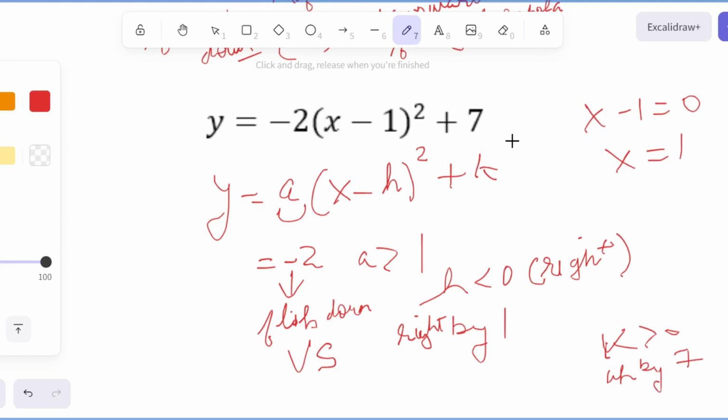So right 1, up 7, and it's a vertical stretch by a factor of 2, and it's a reflection up and down, and the vertex is (1, 7), right? Do you agree with this?